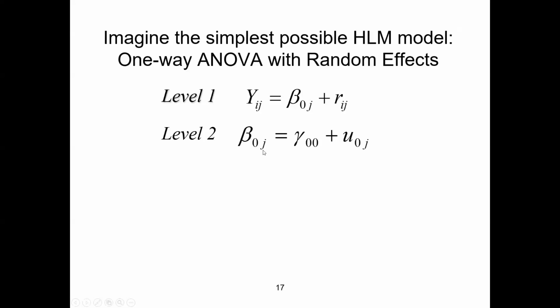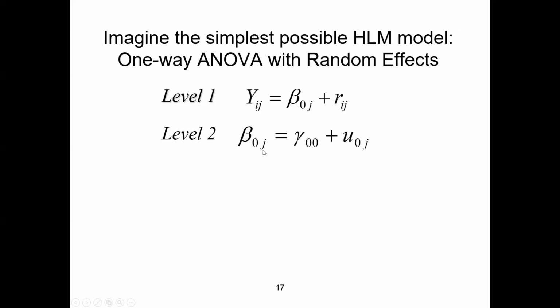Then schools vary from each other, so there's a deviation of the school from the overall average, which is captured by u sub not j. And then there's the deviation of the person from their school mean, which is what the r sub ij is capturing.